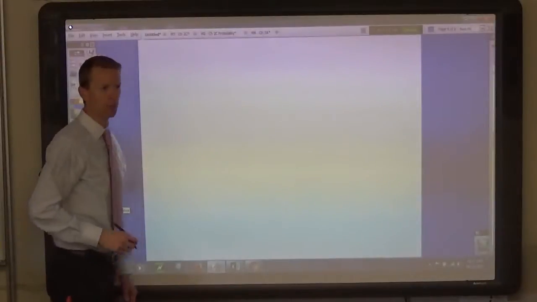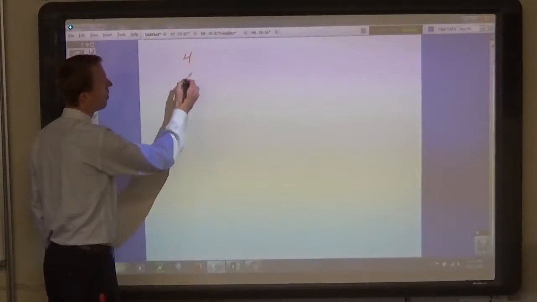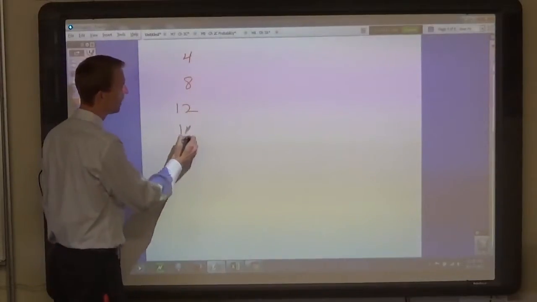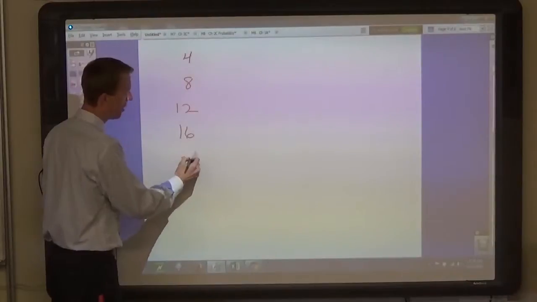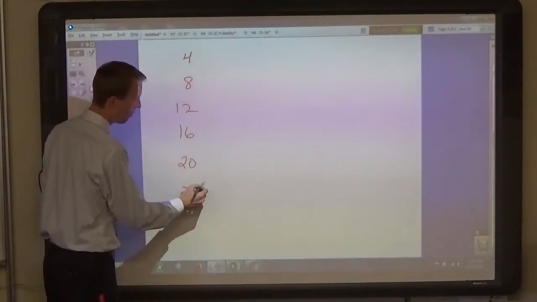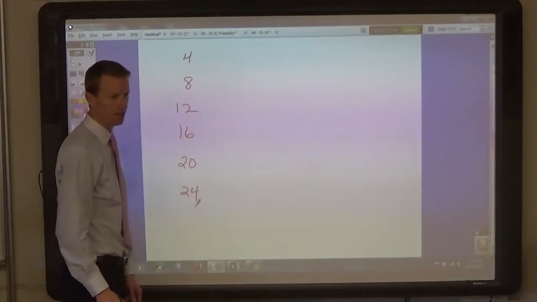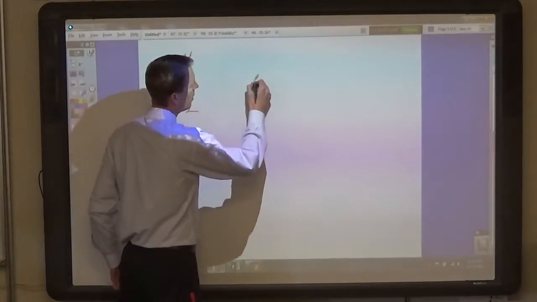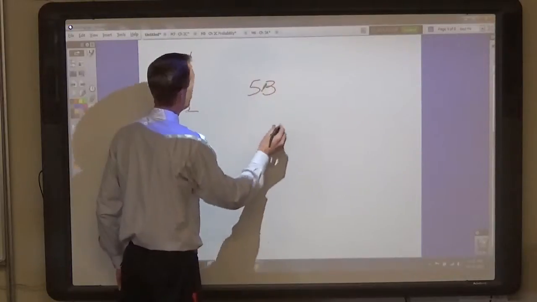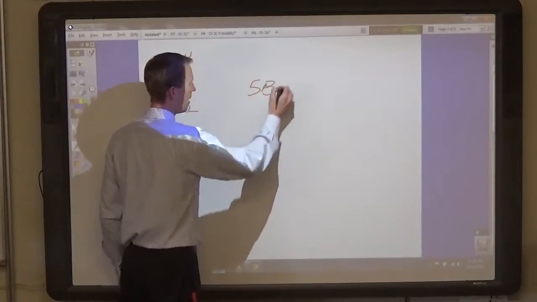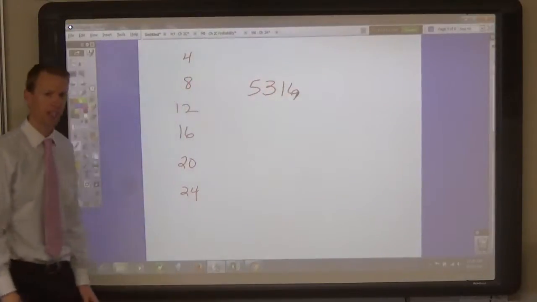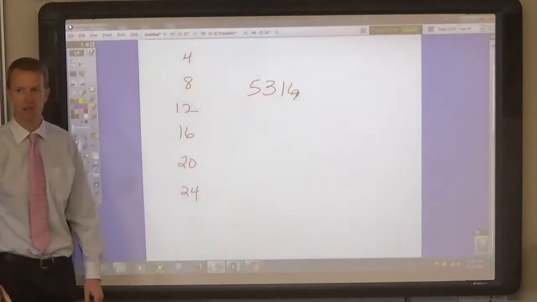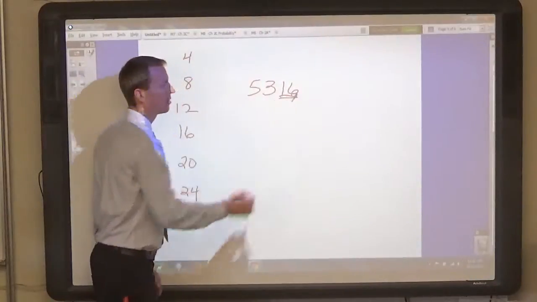We know the multiples of 4: 4, 8, 12, 16, 20, 24, and so on. But what if the number ended in these numbers? What if it was 5,316? Is that divisible by 4? Yes, it is, because the last two digits are divisible by 4.